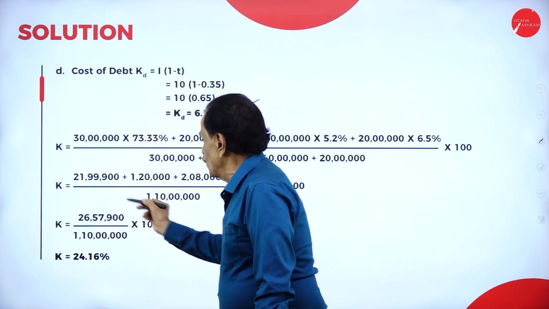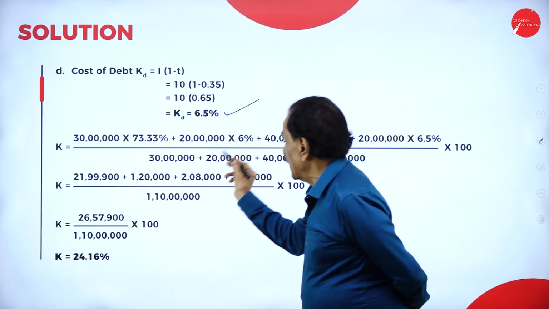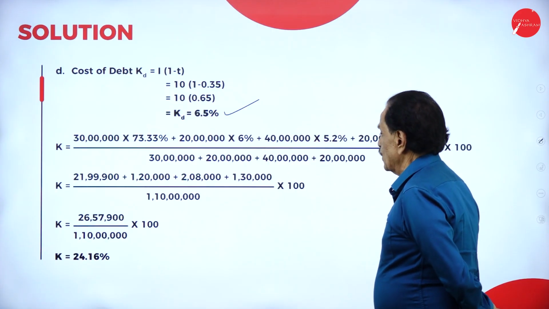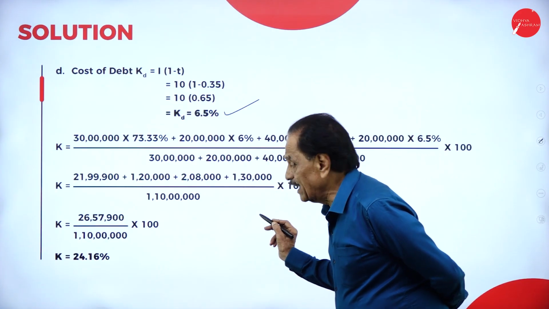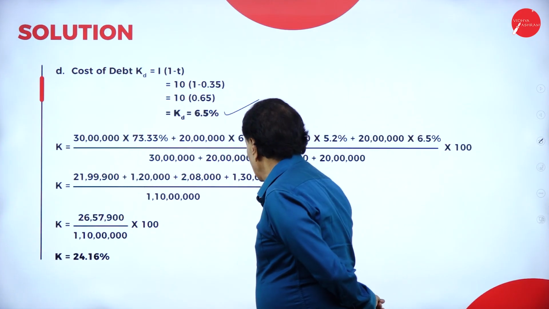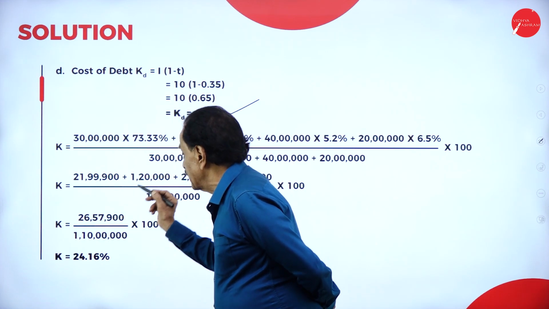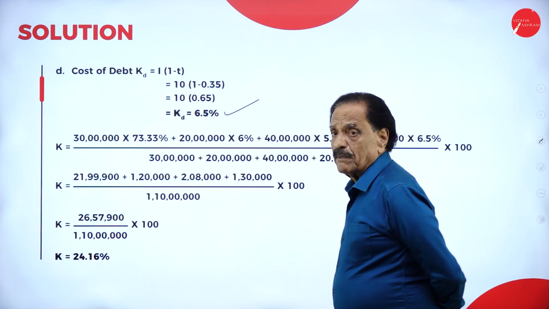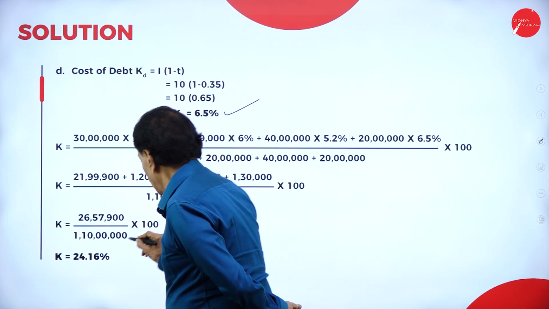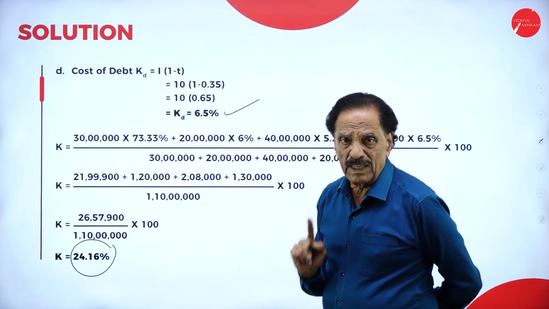If we multiply this now, 21 lakh 99,900, then the second one 1 lakh 20,000, third one 2 lakh 8,000, fourth one 1 lakh 30,000, divided by 1 crore 10 lakh. If you add all these, it comes to 26 lakh 57,900 divided by 1 crore 10 lakh into 100. It works out to 24.16%.